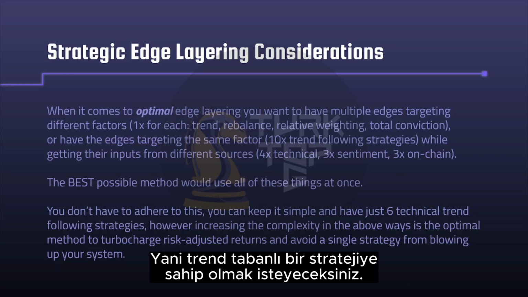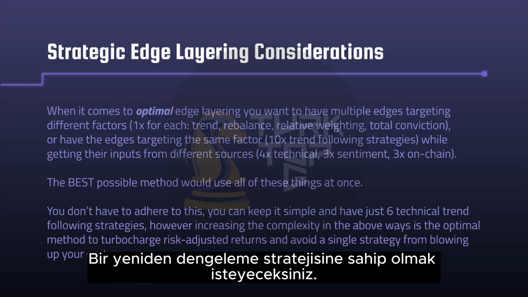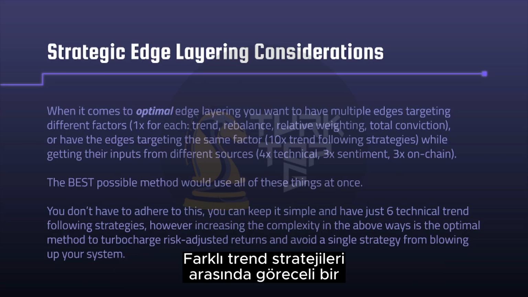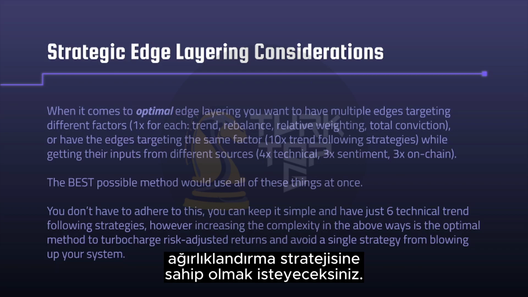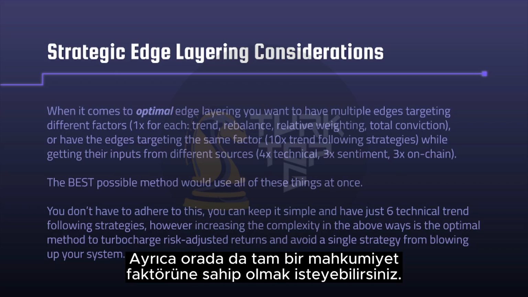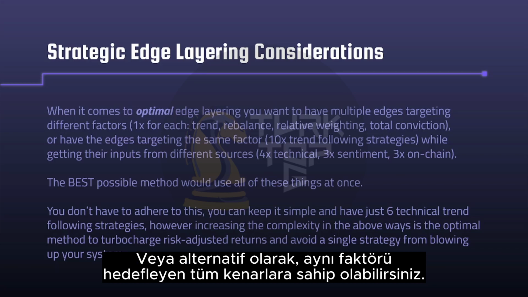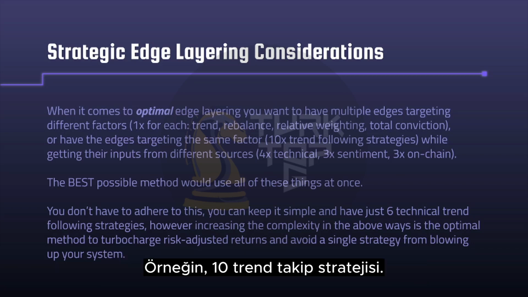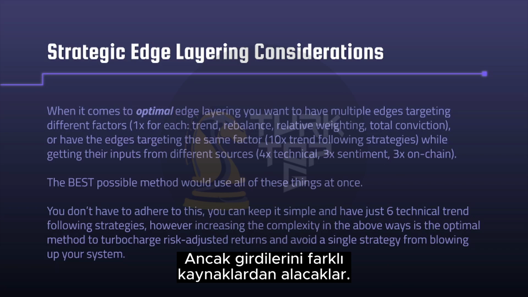So you'll want to have a trend-based strategy, you'll want to have a rebalancing strategy, you'll want to have a relative weighting strategy between the different trend strategies, and you may also want to have a total conviction factor in there. Or alternatively, you can have all of the edges targeting the same factor, for example, 10 trend following strategies, but they all get their inputs from different sources.